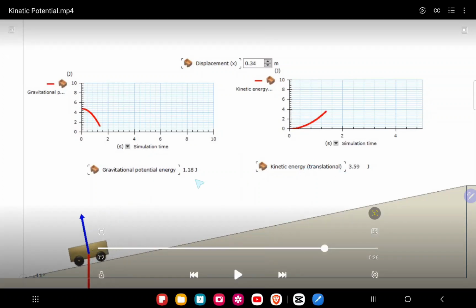Now all the gravitational potential energy will be transferred to kinetic energy right at the bottom of the ramp. So in this case, we are interested in the initial position of the cart and the final position of the cart.